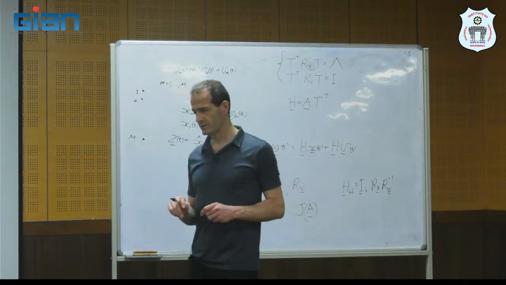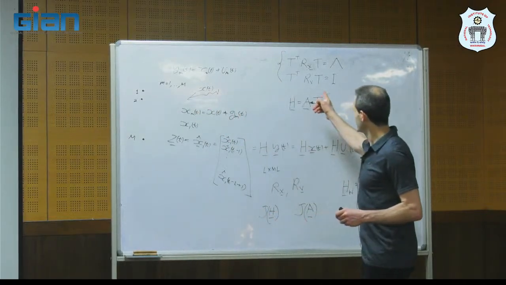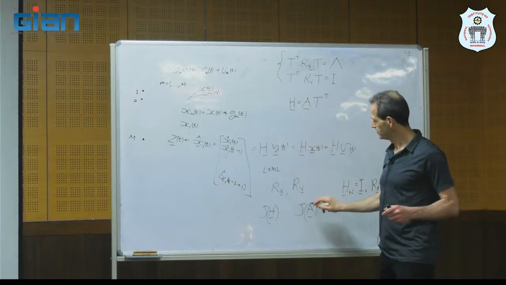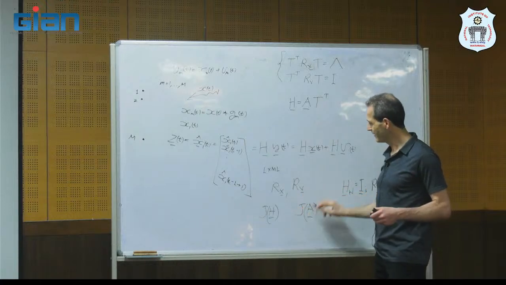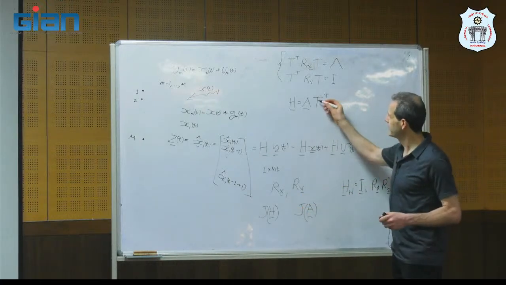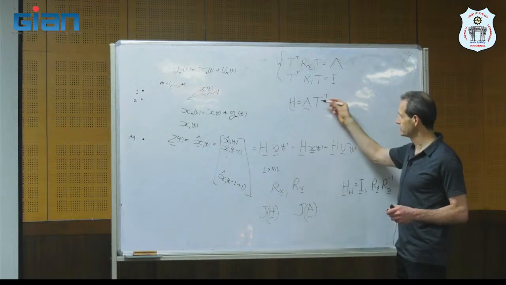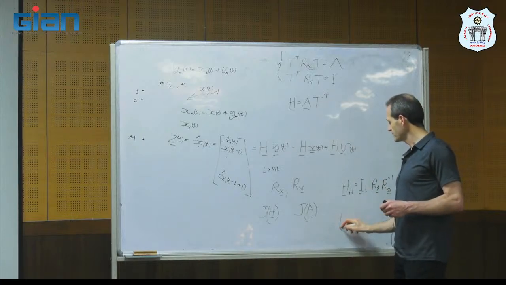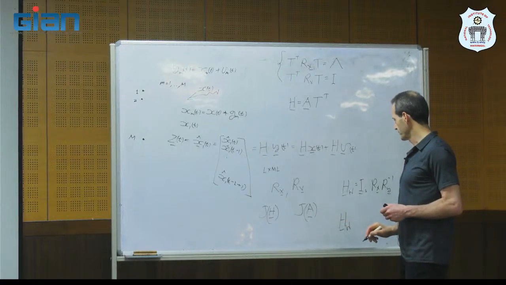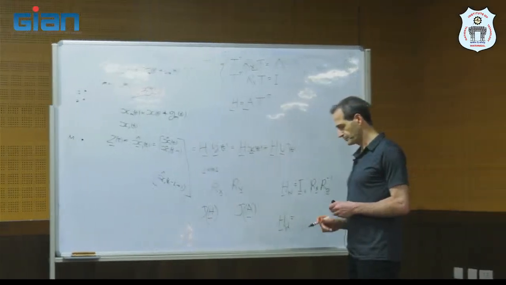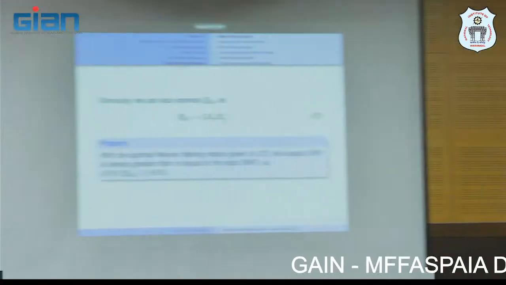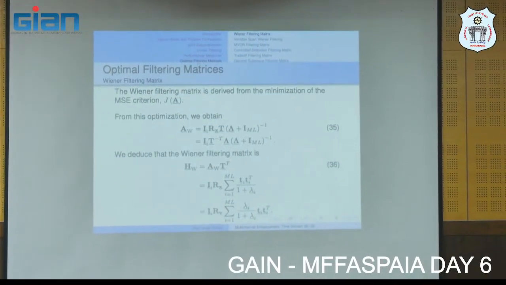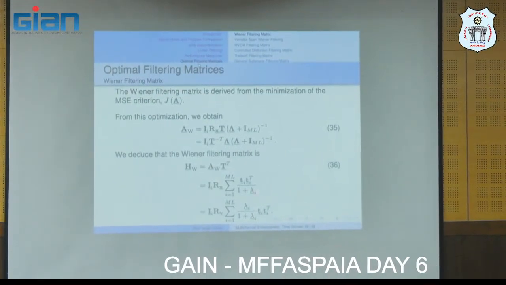But if we use the transform domain and find the optimal A that minimizes the MSE, and then multiply with the matrix T transpose from the right, we get another formulation of the Wiener filtering matrix, which looks like this. It is a nice way to get it.